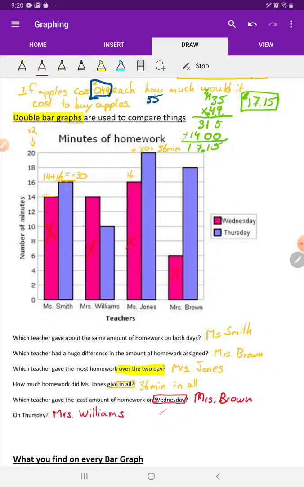Because now when we look at Thursday only, we can see that this one is the smallest because we're only looking at the purple ones. When you're doing this work, make sure you're answering the question being asked. And that's the great strength of graphs. It's also what makes kids so frustrated about graphs, is because you have to be really thoughtful about how you answer questions.